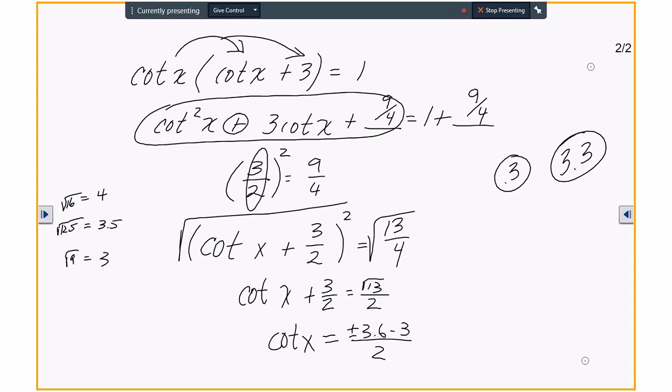Yeah, they did square root of 13. They just left it square root of 13. But square root of 13 ain't worth squat if you're trying to plot something.